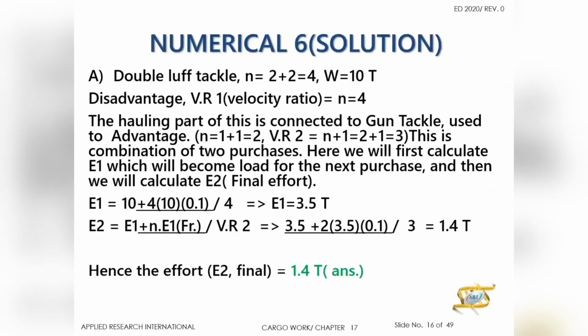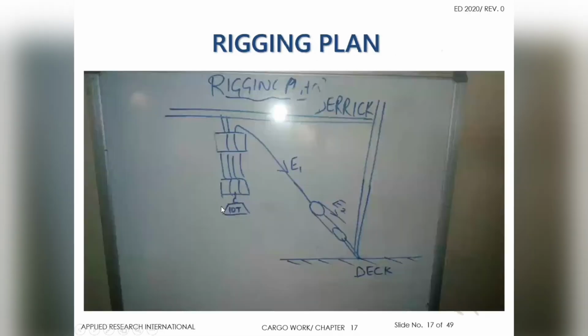But before we start to find out the effort over here after the gun tackle by these steps, for your good information, can you see some rigging plan as sketched by me with my free hand to show you? All of you can see this, beta? See, this is the rigging plan I am showing you with my cursor. Weight is 10 tons.